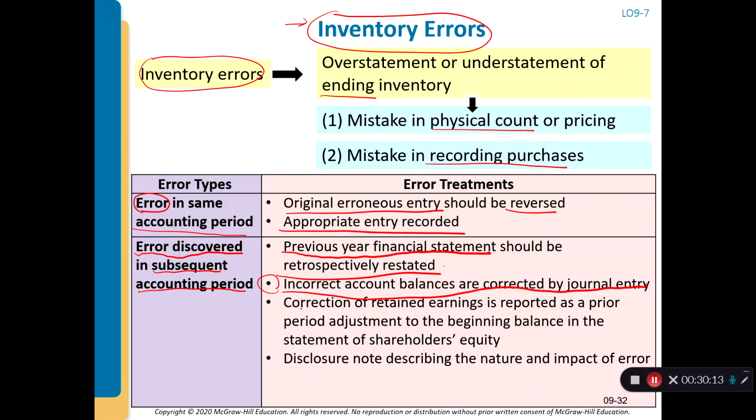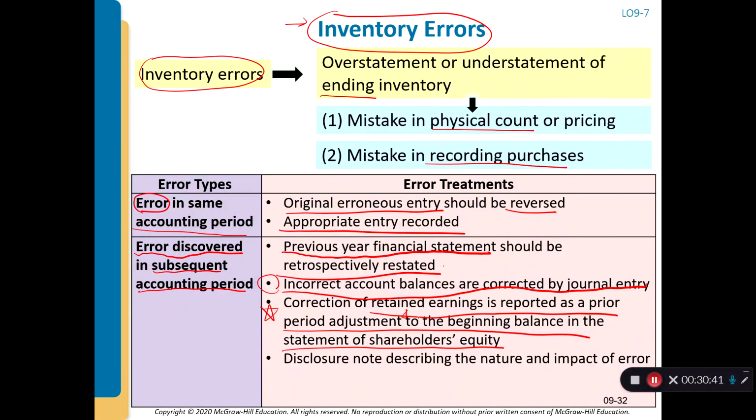And third, the correction of retained earnings is reported as a prior period adjustment to the beginning balance in the statement of shareholders' equity. Most importantly, inventory errors will always land in net income and then transfer to retained earnings. So if the error happened years ago, then this current year's retained earnings account is absolutely not right.